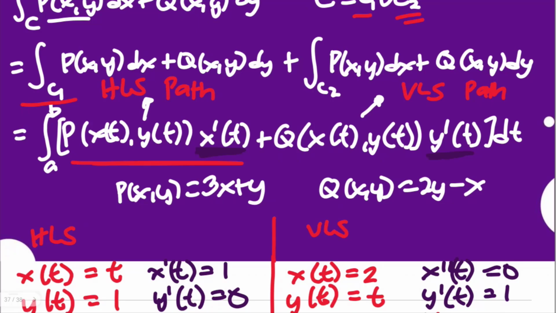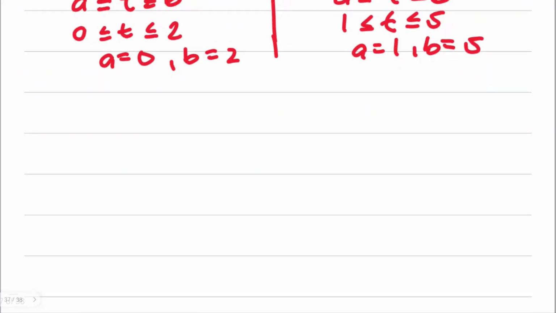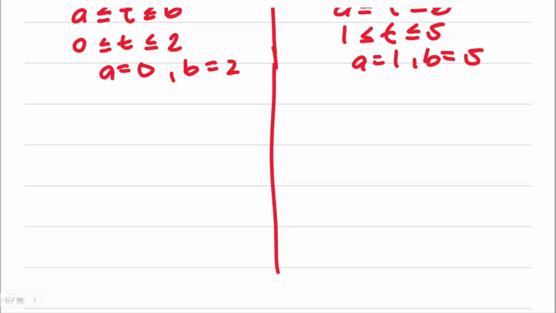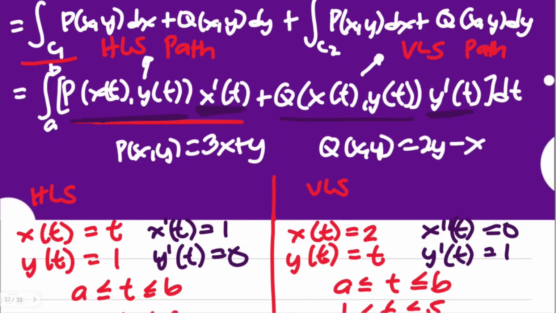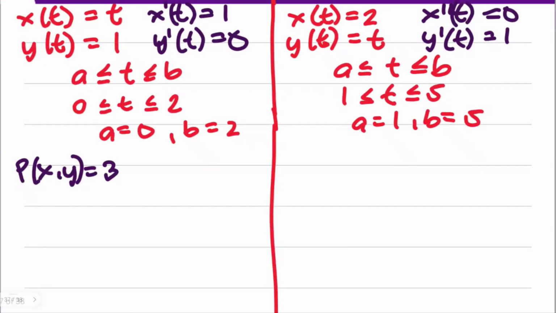We already have our a and b for both paths. What we need to do here is the functions of p and q using the correct parameters for both paths. So we're going to assign the correct functions before we can use the integral. Take note that originally our p of x, y is identified as 3x plus y.